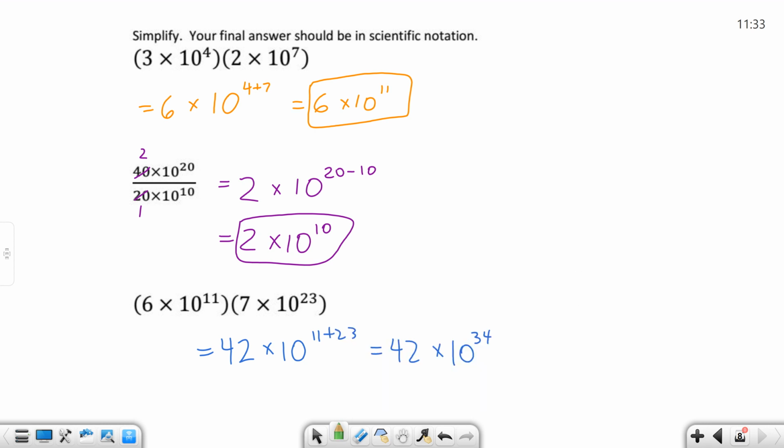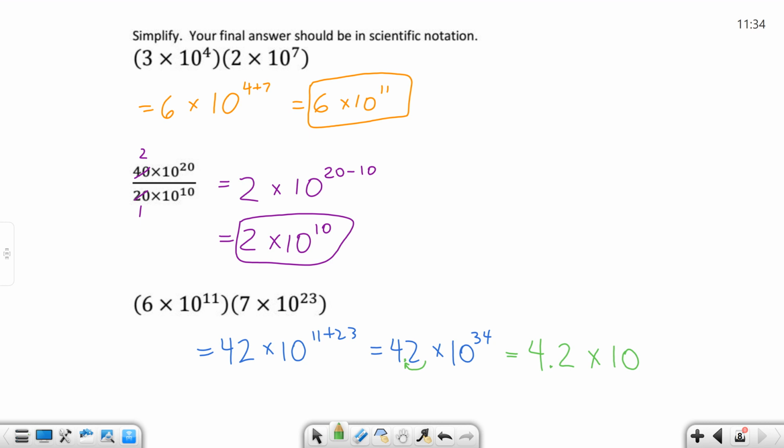But wait a minute. The decimal's here, and we need to move it over to here, right? So we need to move the decimal place how many places? One place, right? So this becomes 4.2 times 10. And if I move it one place, then that 34 is going to become either 33 or 35.